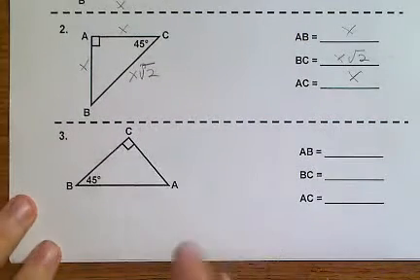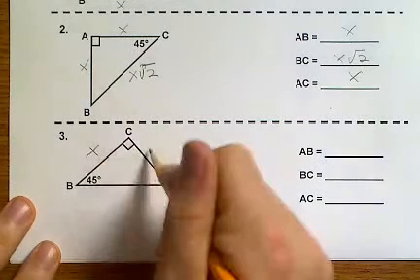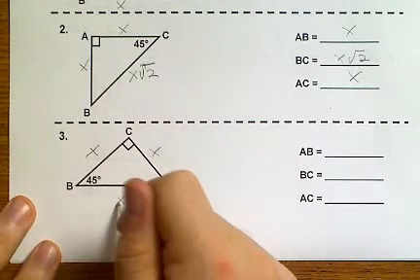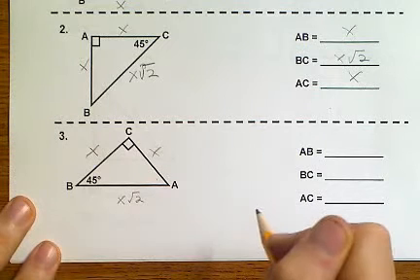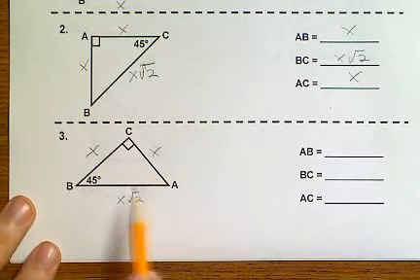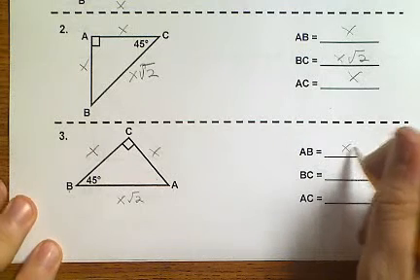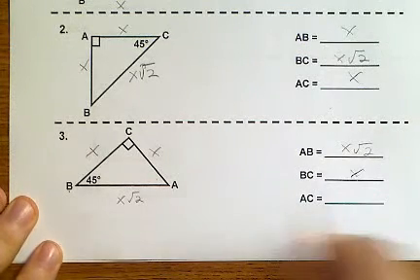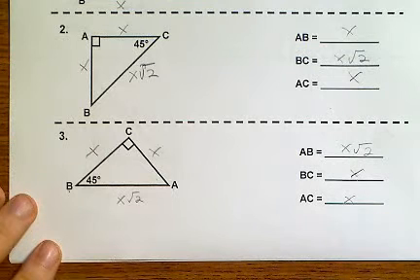One more example like this, number 3, my two legs are x's because these are 45-degree angles. This would be x square root of 2. So AB this time is x square root of 2. BC is x, and AC is also x.